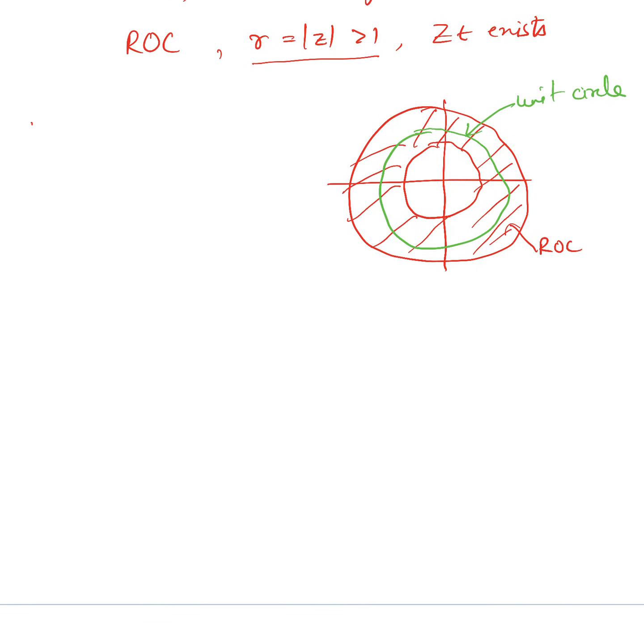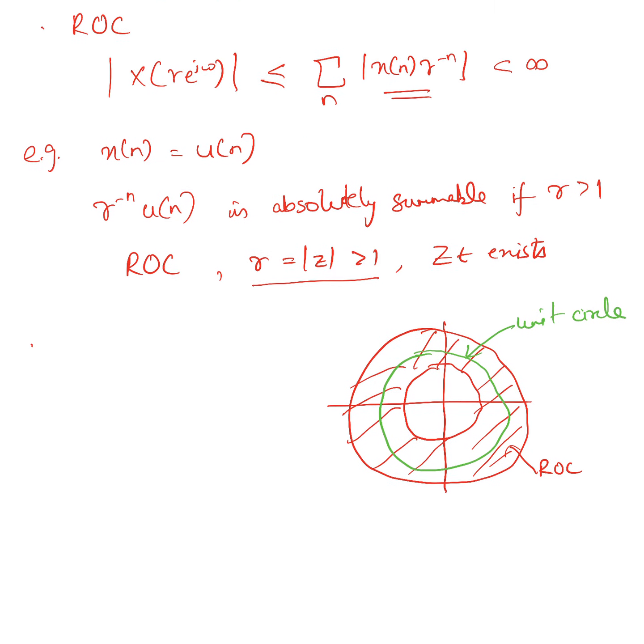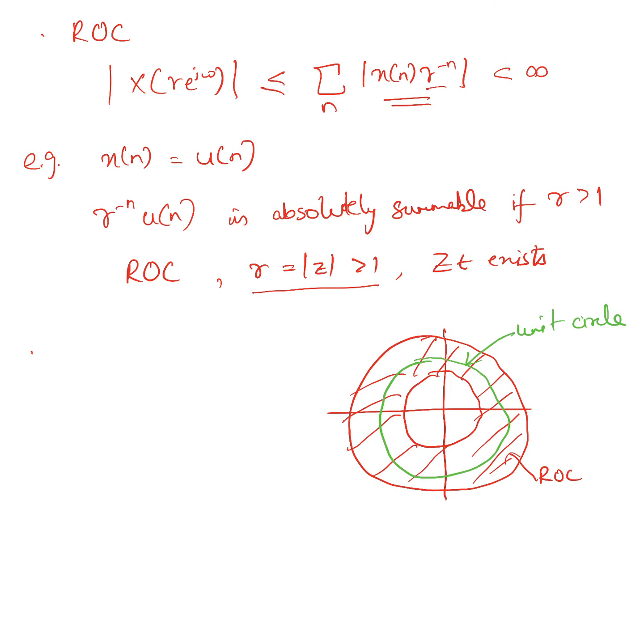So for the uniform convergence of the Z transform, we require absolute summability of the exponentially weighted sequence, meaning x of n is weighted by r to the power minus n. So it should be absolutely summable.